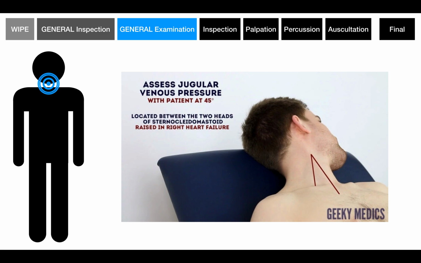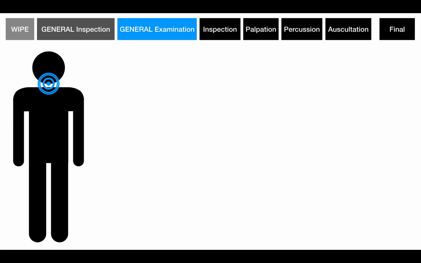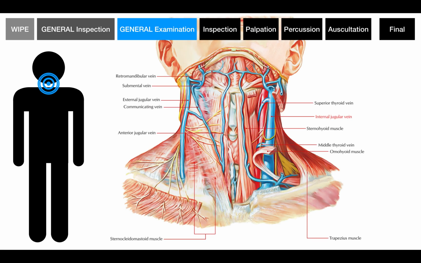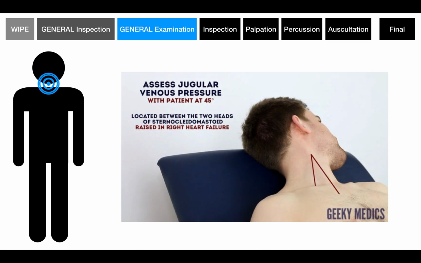So I'm not going to go into the machinations of how to do it there. But if it is raised without the hepatojugular reflex, or with it anyway, you're thinking right-sided heart failure, because the heart can't receive the caval venous blood that's returning back to the right side of the heart. So blood builds up into that internal jugular vein, and the result will be that you'll have this JVP raised.